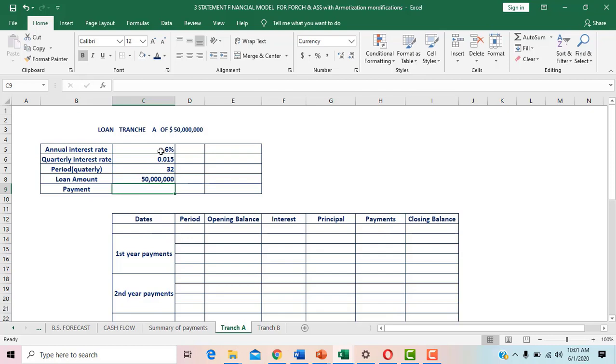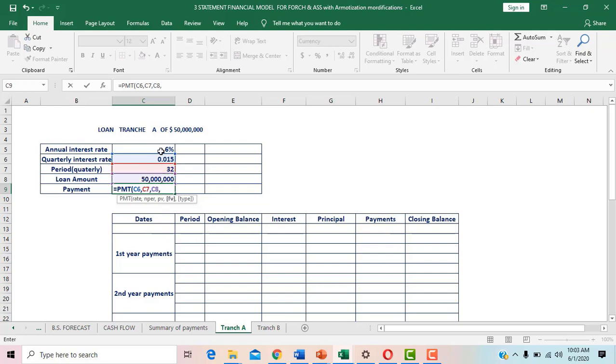Now let us calculate the payment the company is supposed to be making quarterly, using the PMT function. The first variable is our interest rate, which is 0.015, comma, the number of periods, which is 32, comma, then the present value, which is the loan amount we are receiving today, $50 million.